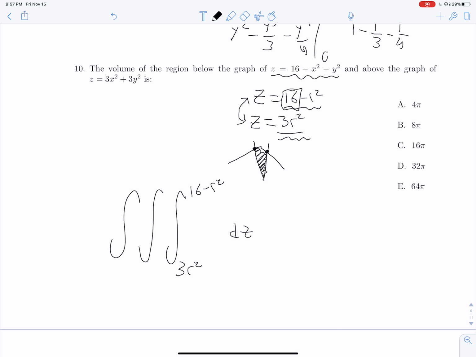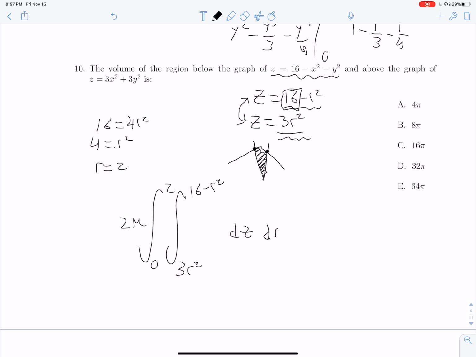So setting them equal to each other and subtracting an r squared over, we'll get 16 equals 4r squared, which is 4 equals r squared. So r is 2 at its maximum. So r runs between 0 and 2, and we're not dependent on theta at all.